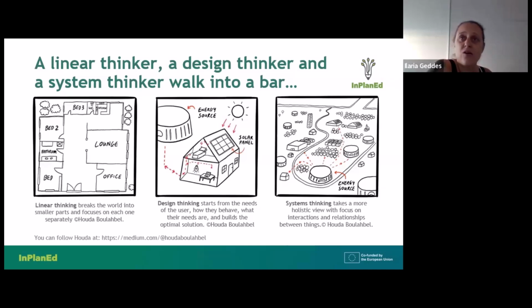So if you can get all three to work together, I think it's actually the best solution. You might get the system thinker identifying key problems, the design thinker working on customized, tailored solutions, and then the linear thinker looking at the details of the implementation and fixing the details.